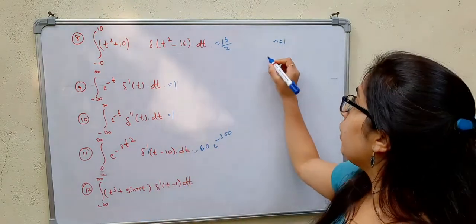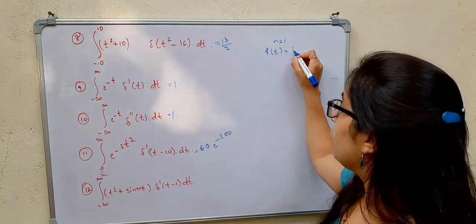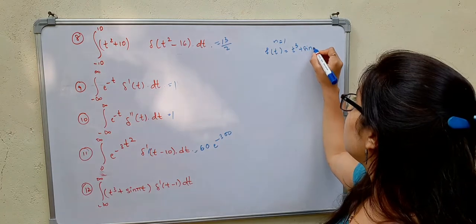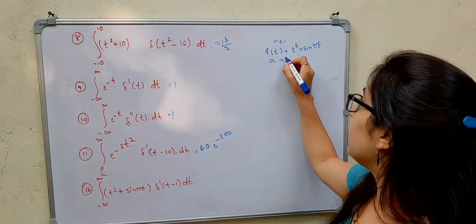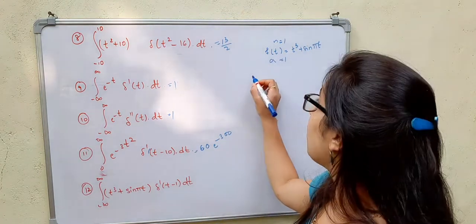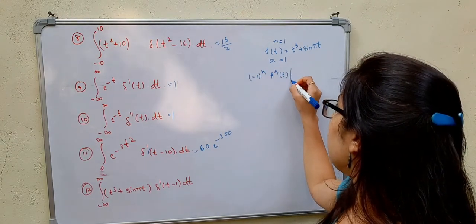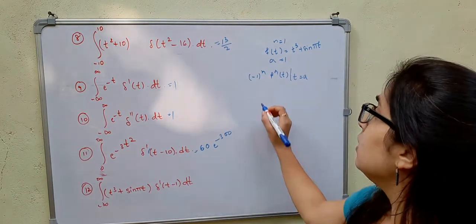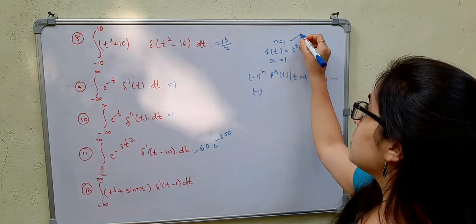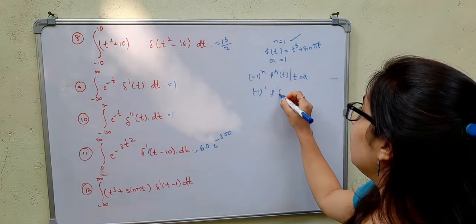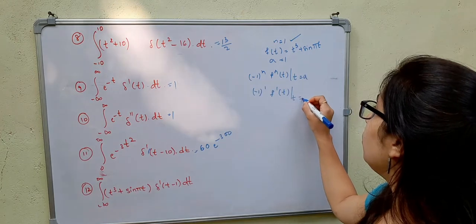What will be your f of t? That will be equal to t cube plus sin pi t. Then what will be your a? That will be equal to 1. So minus 1 to the power n, fn t at t is equal to a will be the answer. So minus 1, n is equal to 1, f1 t at t is equal to 1.